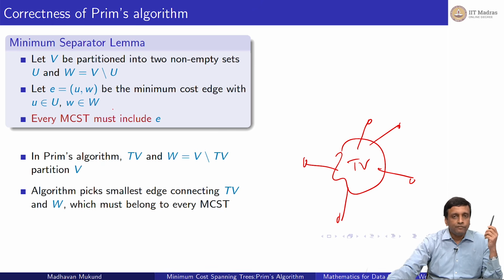Every edge that Prim's algorithm picks is guaranteed to belong to every MCST by this lemma. And since it picks exactly n minus 1 edges overall, all the edges are necessary and therefore they all are part of an MCST. So that's the correctness argument.